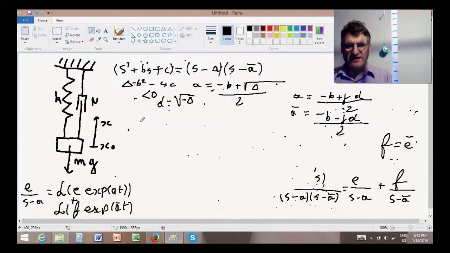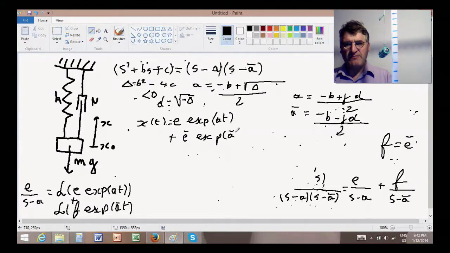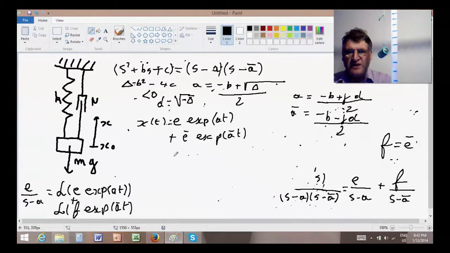We get that x of t will be e exponential of at plus e bar exponential of a bar t. The best way to manipulate all these variables is to remember that a has this value there.